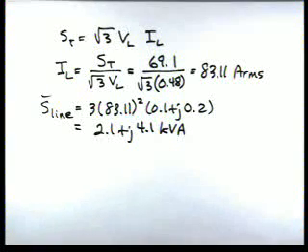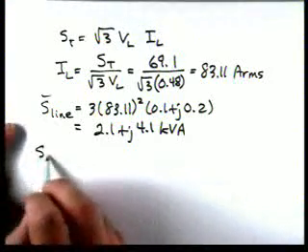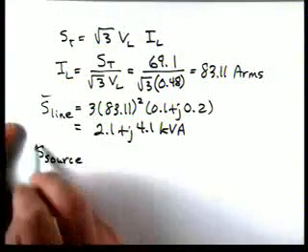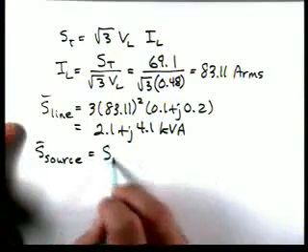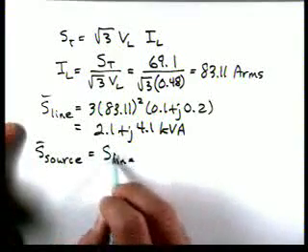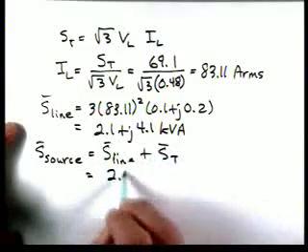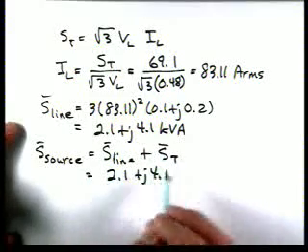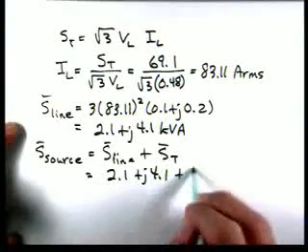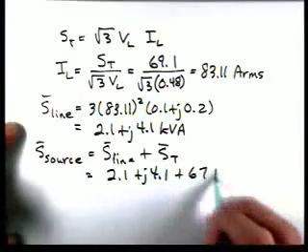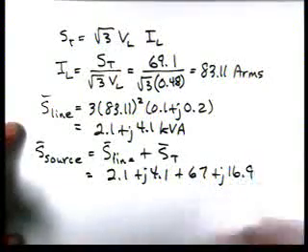Now we can calculate the complex power supplied by the source. So S for the source then is S line plus S_T. So we have 2.1 plus j4.1 plus 67 plus j16.9.